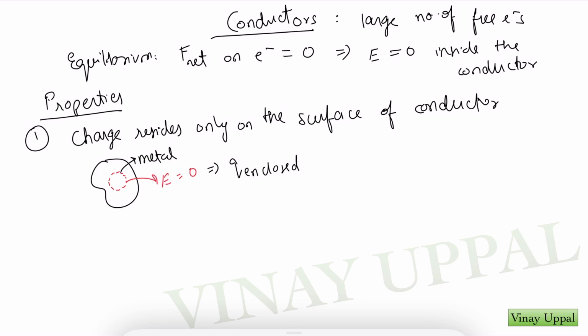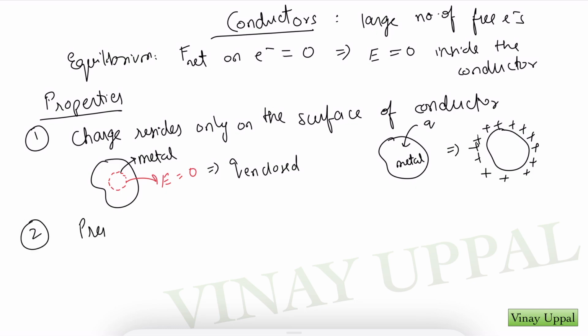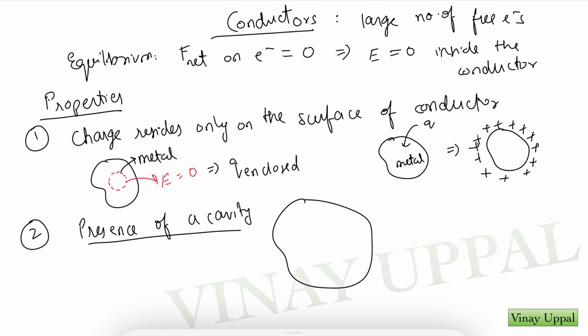So if you were to put some external charge on this metal object, that charge will spread out on the surface. In the presence of a cavity, if I have a conducting material in which there is a cavity, so this is a cavity, and the shaded portion is the conducting material.